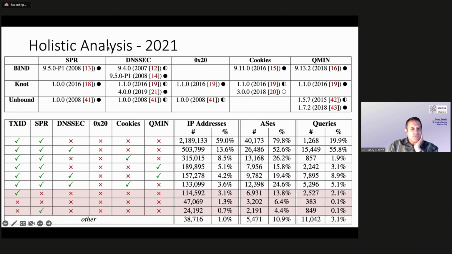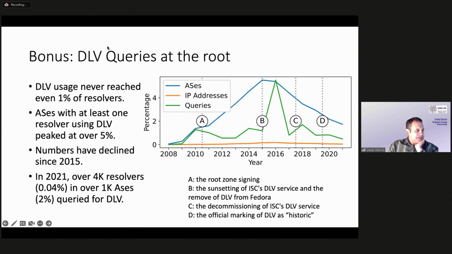All right, here's a bonus slide that we have, and this just shows we measured DLV queries observed at the root to see what this looked like. You can see on the timeline here, this is the root zone signing in 2010, the sunsetting of ISC's DLV service in 2015, decommissioning of the DLV service in 2017, I guess, and then the official marking of DLV as historic.